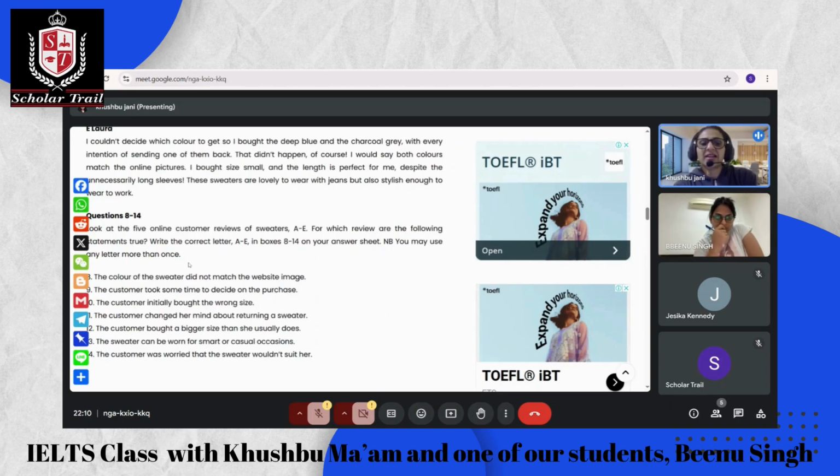So this is exactly a typical matching information question, although it looks a little similar to true, false, not given, but it's not. This is specifically a matching type of question.